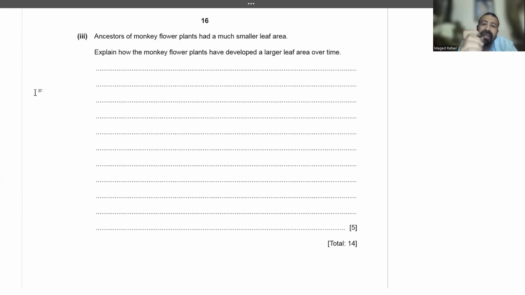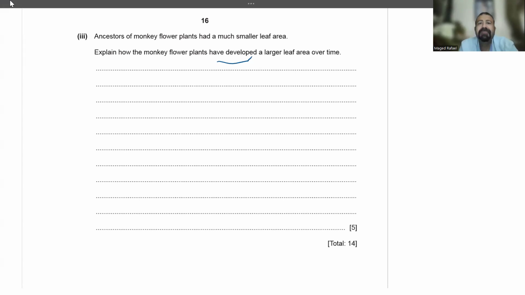Okay. When he mentioned have developed, he's talking about something really developed in the environment or in a specific or particular habitat, so it is a natural selection idea.